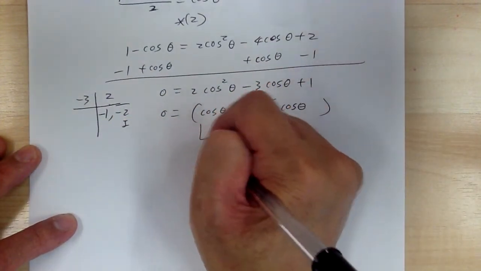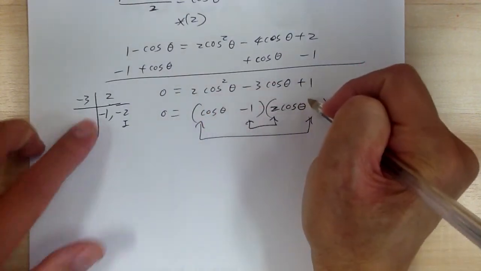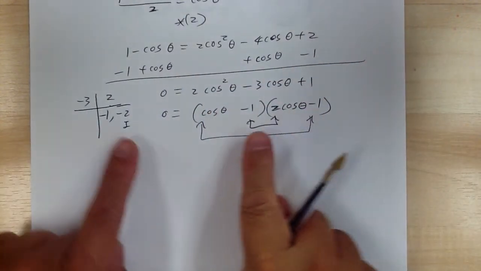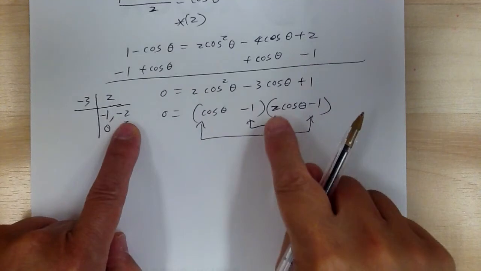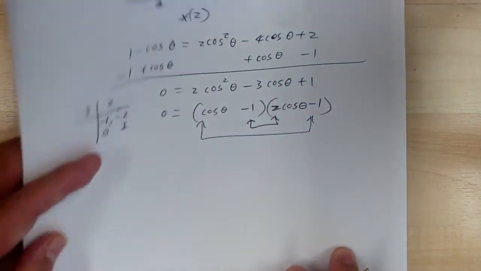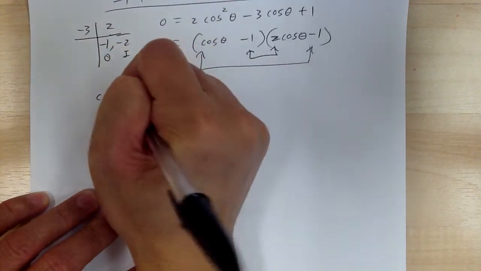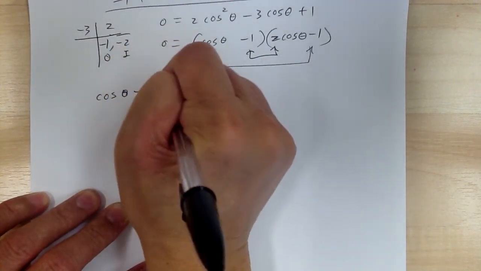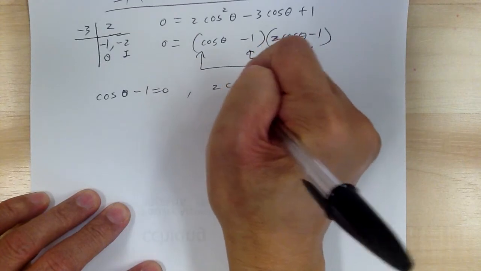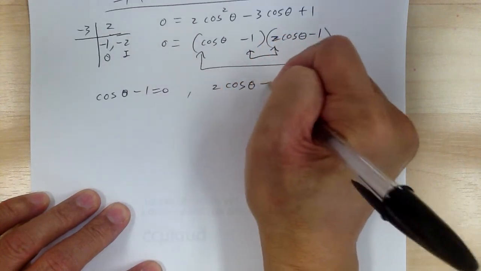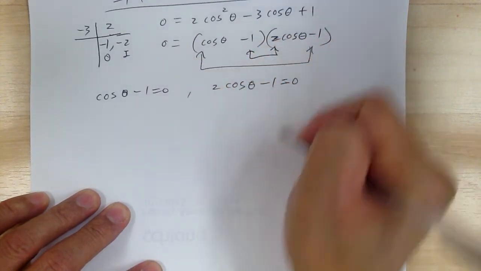And this would be the outside. So it would be minus 1. Right? Again, inside, outside. So now you go and set it equal to 0. So you're going to get cosine theta minus 1 equal to 0. You get 2 cosine theta minus 1 equal to 0.